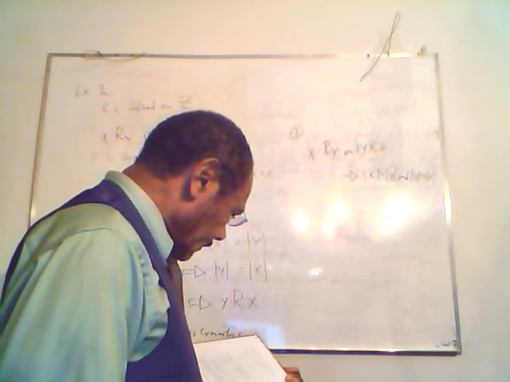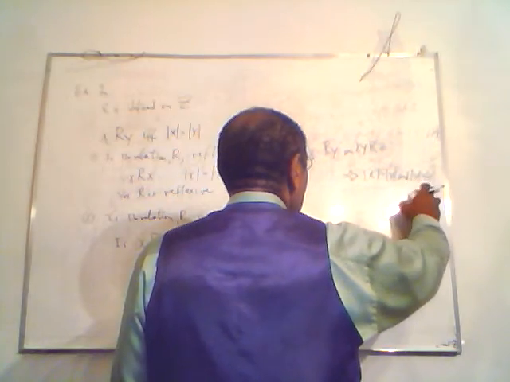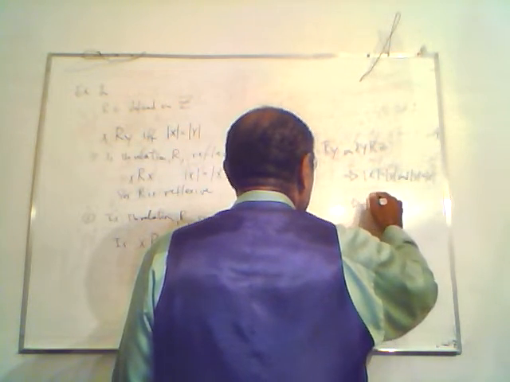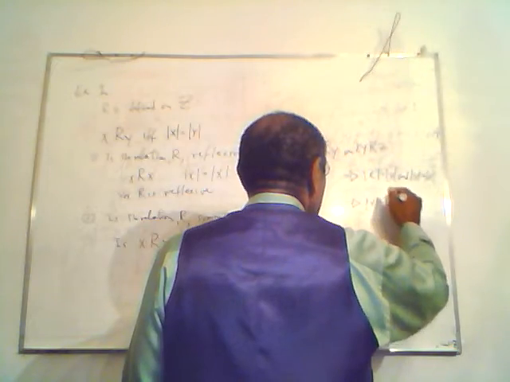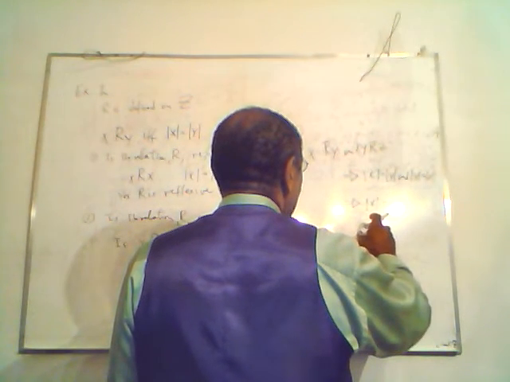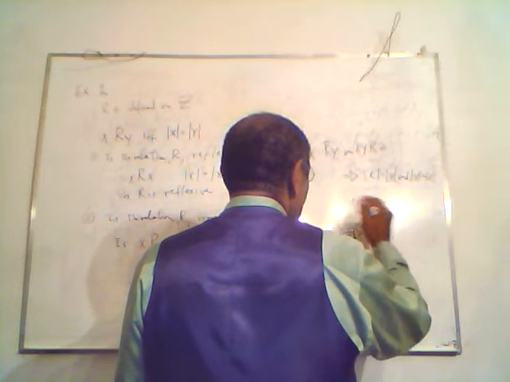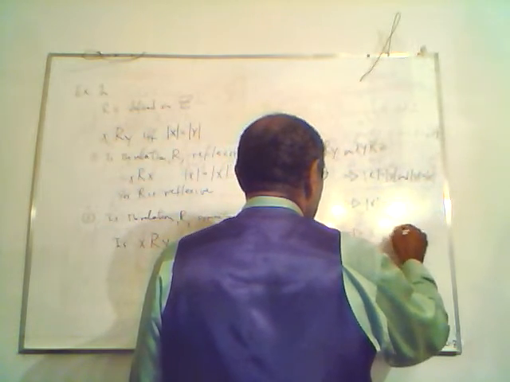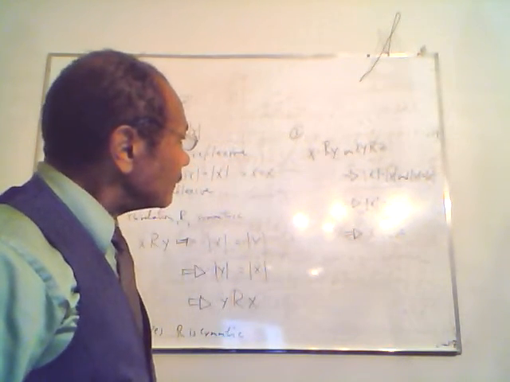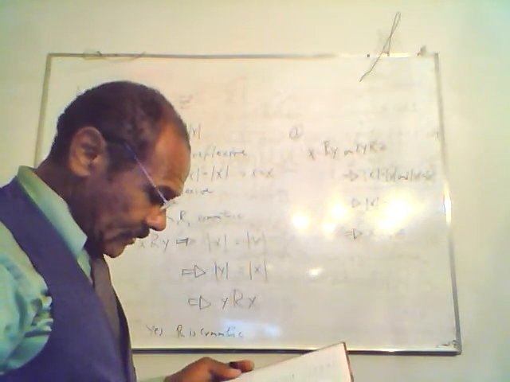Based on equality, if X equals Y and Y equals Z, then X equals Z. So we have the absolute value of X equals the absolute value of Z. Then we say, according to our relation, this is X relation Z. So that shows that X relation Z follows as the direct result of X relation Y and Y relation Z.